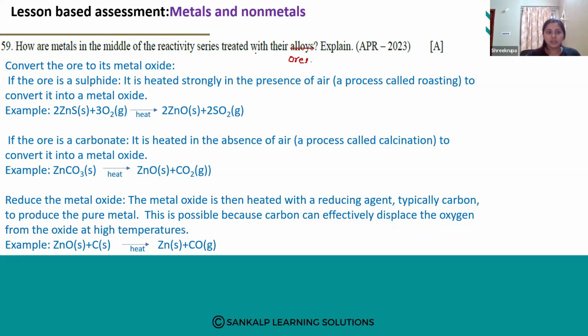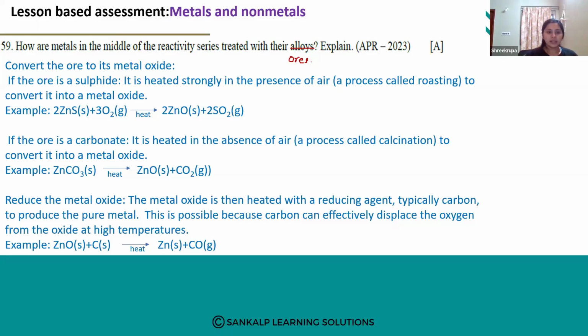So first thing is we have to convert the ore into its metal oxide. If the ore is in sulfide form or carbonate form, then we have to convert it into oxide, correct?